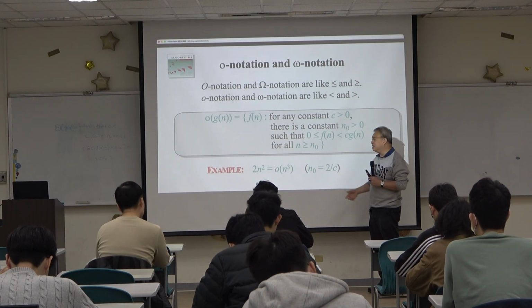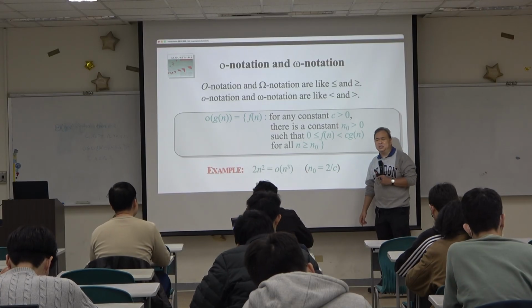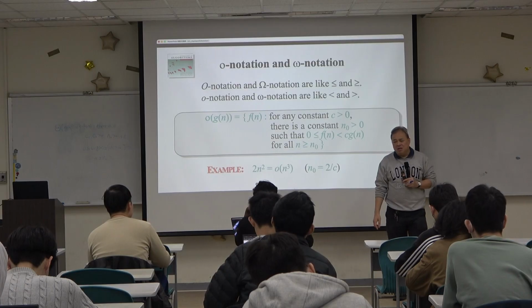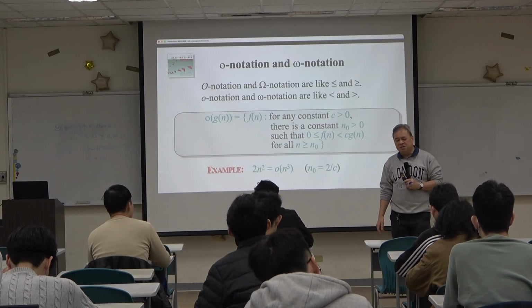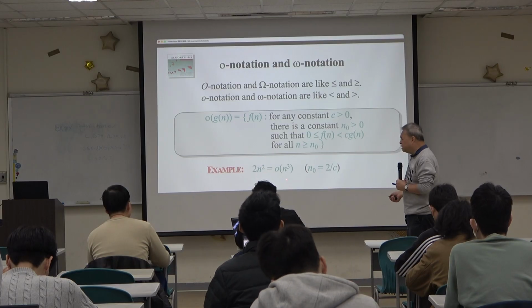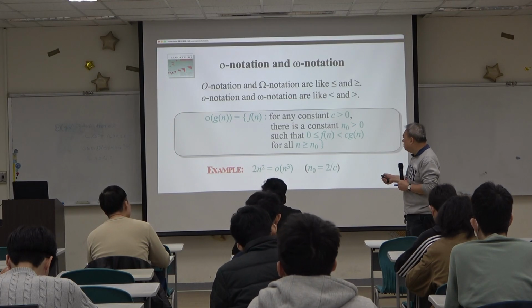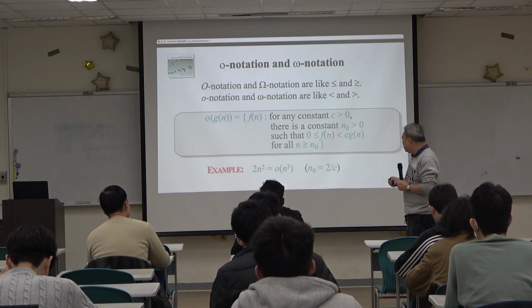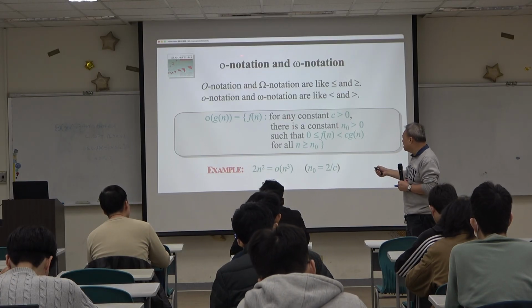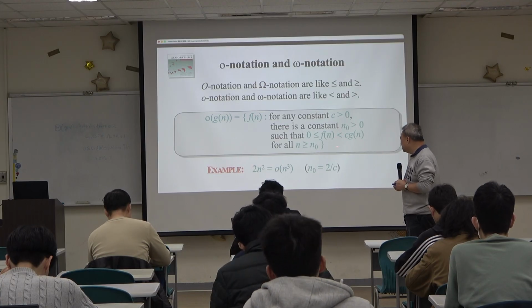And you could use the same equation abuse, but we don't use this very often, because usually the big O notation is similar. But you just need to remember, the only difference between big O and small O is here. The equal sign doesn't hold.